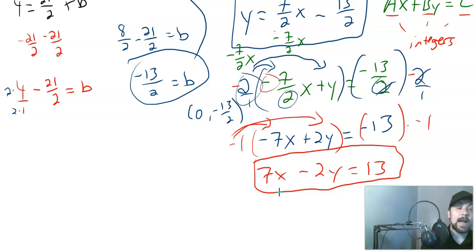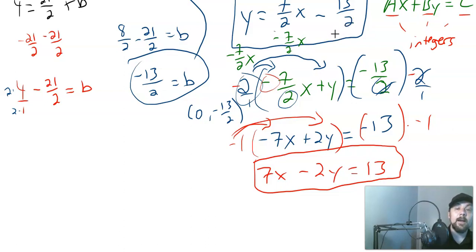And then they want us to graph this equation. So maybe that is something worth talking about, because if you're going to graph this equation like we did the earlier equation in this video, this one is not very amenable to graphing. The y-intercept is a fraction. It's negative 7.5 if you want to write it as a decimal.